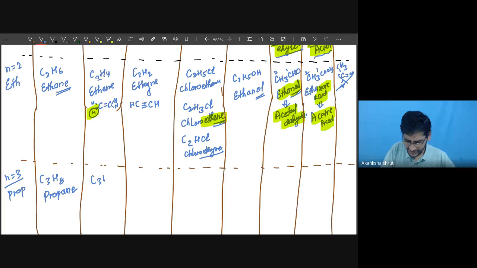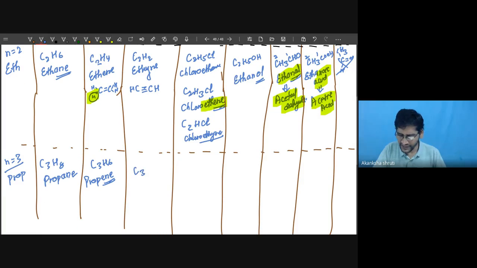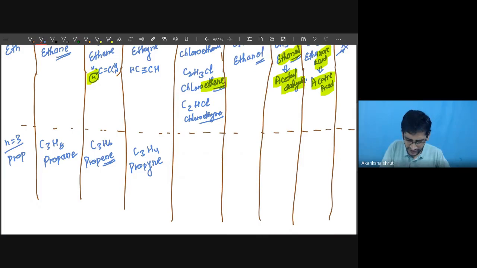If it is C3H6, it is called propene. If it is C3H, 3 times 2 minus 2 is 4, C3H4, it is called propyne. Students, a triple bond will be there at one of the positions, like this structure.